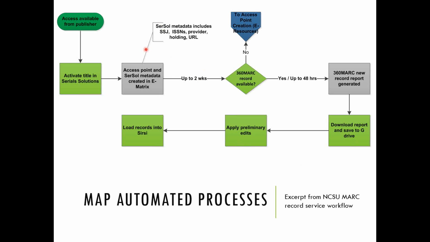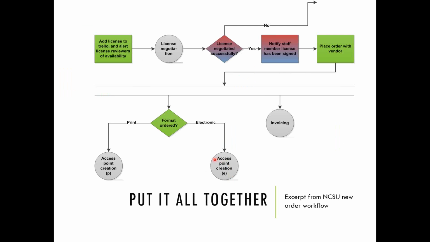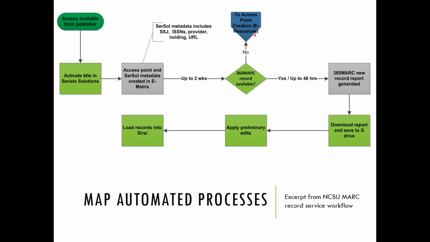This one was on my other slide where I've got an annotation and I've got another off-page reference where, working with our MARC record service, if we found that a MARC record was not available, we'd actually have to go back to create that e-access point ourselves.